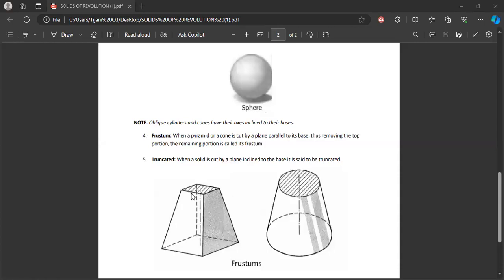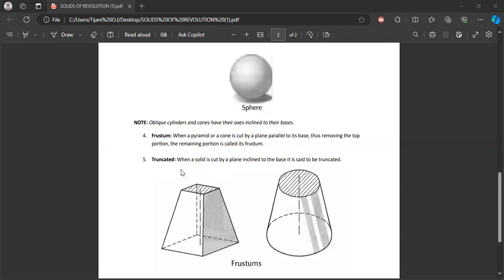This is a frustum of a pyramid, while this is a frustum of a cone. The cutting plane cuts the upper part of them, and it is parallel to the base. That's why we have this surface here being straight, not bent. That makes each of them a frustum.